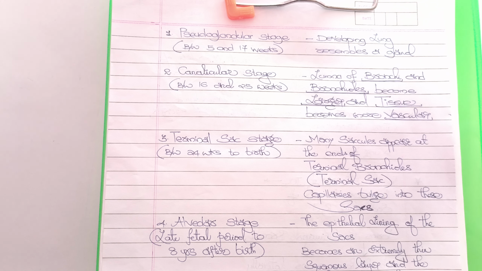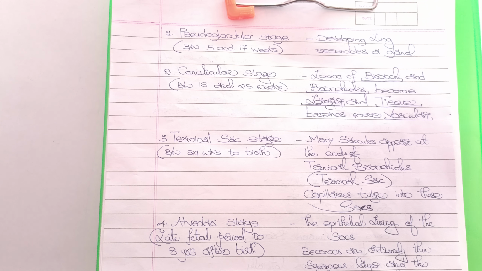The third one is the terminal sac stage, between 24 weeks to birth. Many saccules appear at the ends of terminal bronchioles, the terminal sacs.